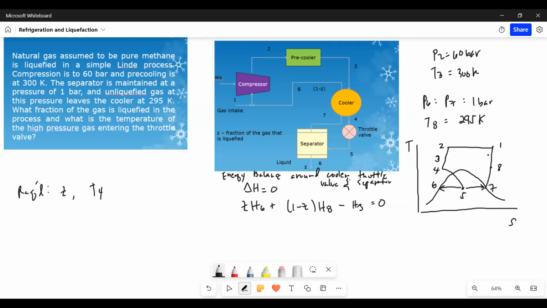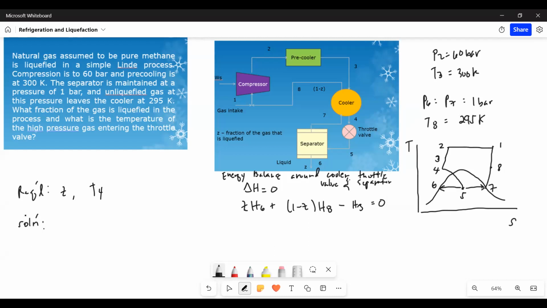So P2 equal to P3 equal to 60 bars. Okay, so let's write the solution.